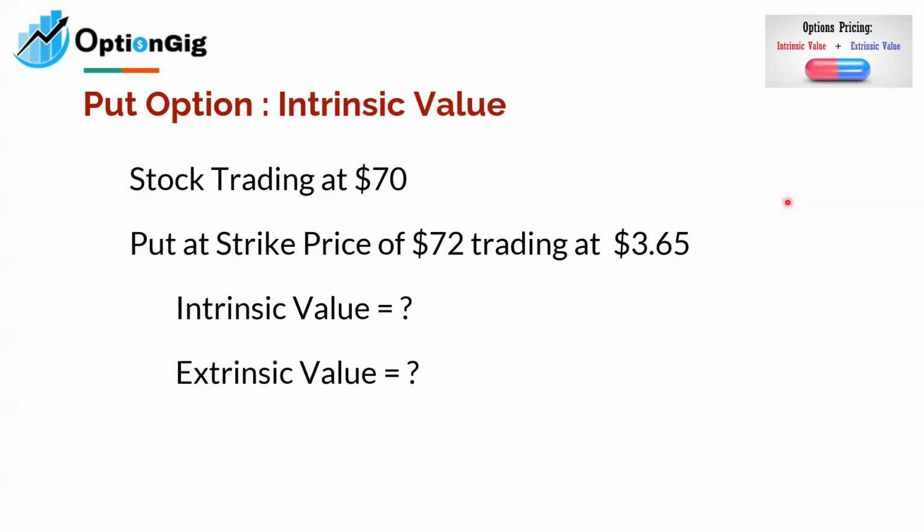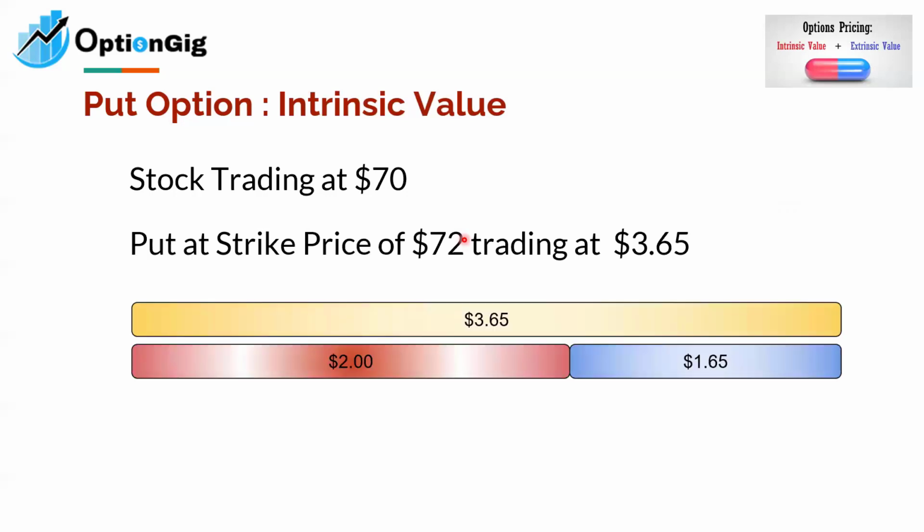It allows you to sell the stock at 72. Even though the stock is trading at 70, you will still be able to sell the stock at 72. That means you have a $2 advantage over the market. And that $2 advantage is the intrinsic portion of the option premium. The remaining is extrinsic.